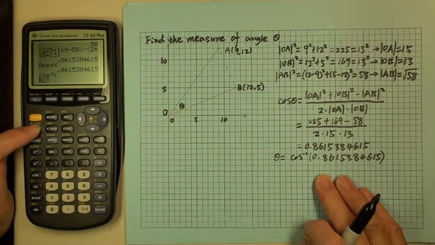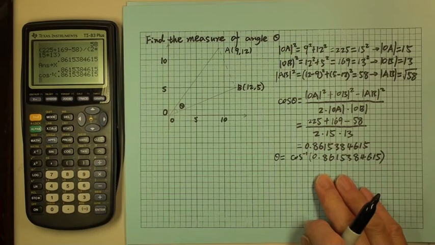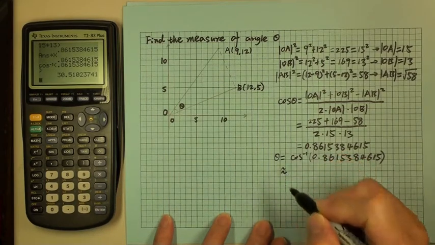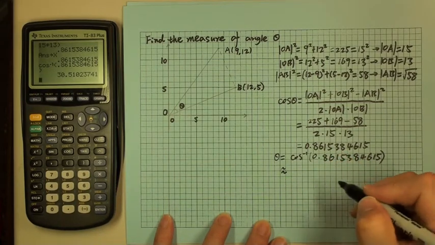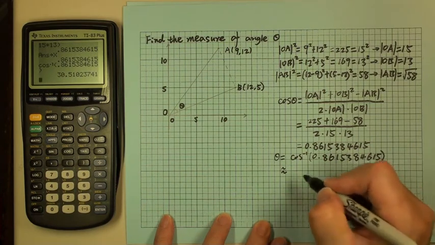Green memory is alpha X. So you hit enter, this number shows up. And you use close parenthesis. You then hit enter, and the answer is approximately 30.51.